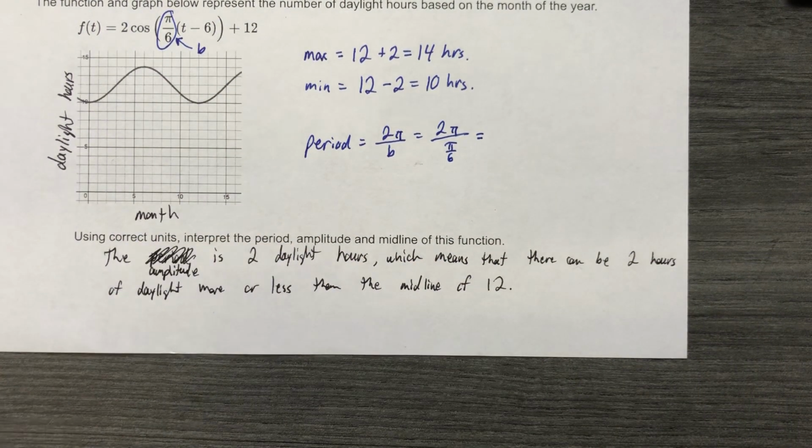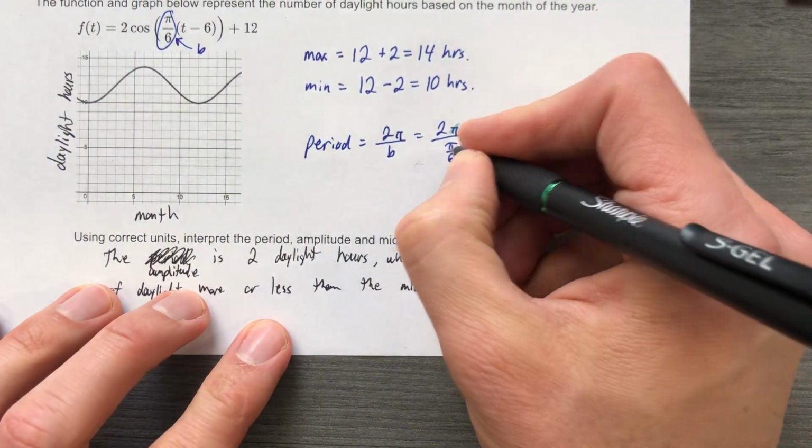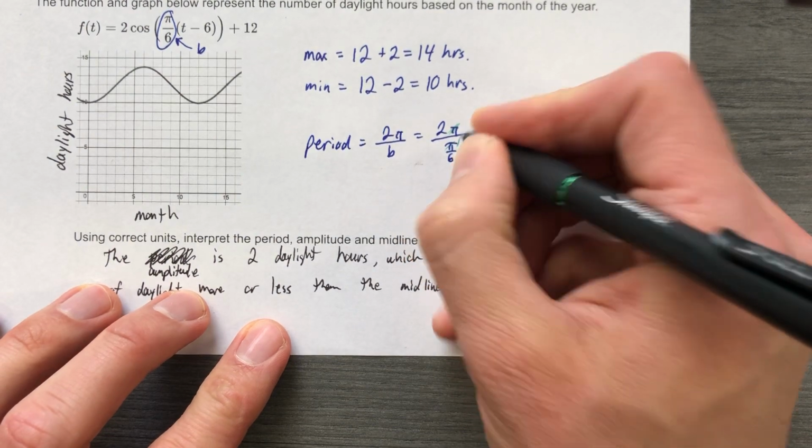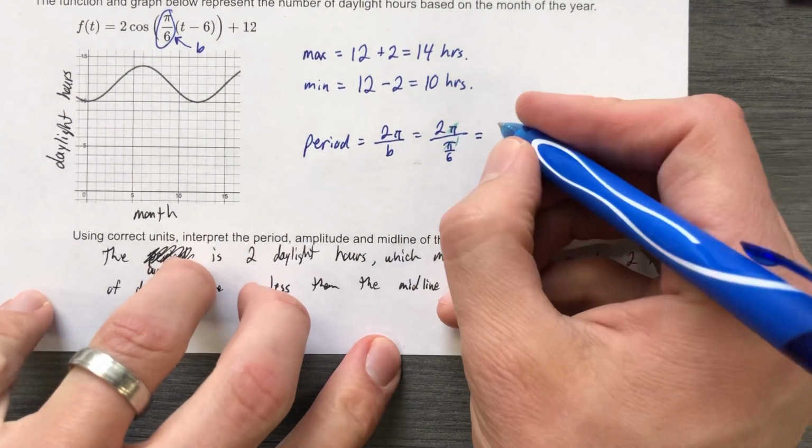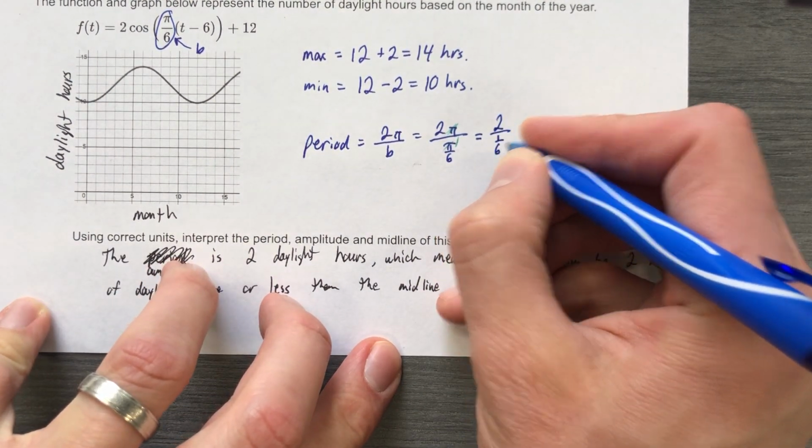I'm going to grab this green pen that has not behaved for me very well lately. And we're going to cancel out the pi's. So that cancels with that one. It goes in one time. Come on, green pen. Work with me now. And that's going to give me 2 over 1/6.